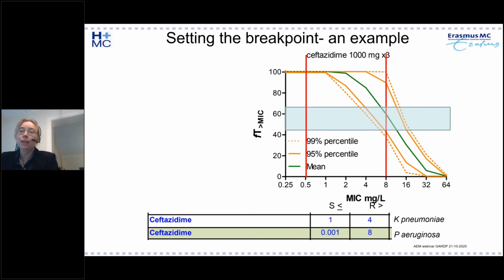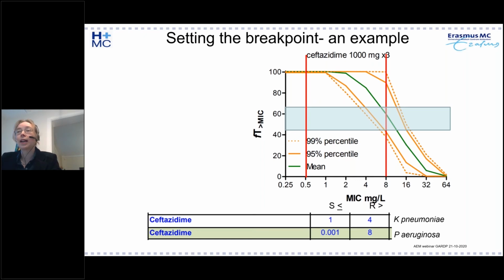That means that the result would be an I. And with the new I categories from the EUCAST and the definitions, that actually means that you should have an increased exposure to adequately treat patients and to be able to give a good result here. And that's very logical if you look at this plot.